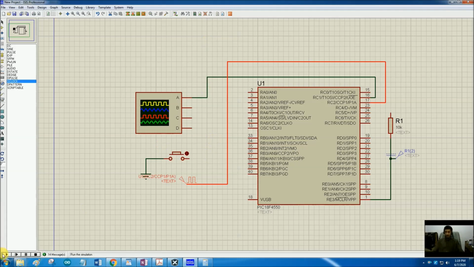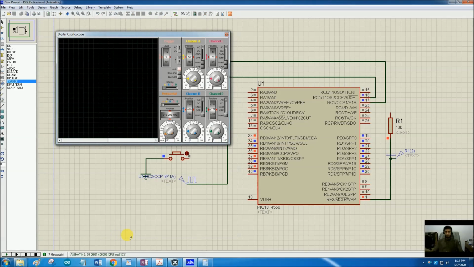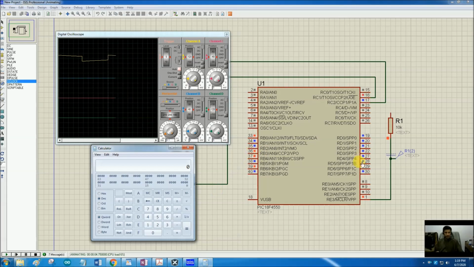So let's try to simulate it. Now the waveform is still the same, but the value has been changed. RD0 is now completely 0 as expected, because previously the count was 989. It was greater than 256, so it could not be completed in a single 8-bit register. A single 8-bit register can count maximum up to 255. So it was taking some portion of the second, the higher register also. But in this case, our expected count is 89.